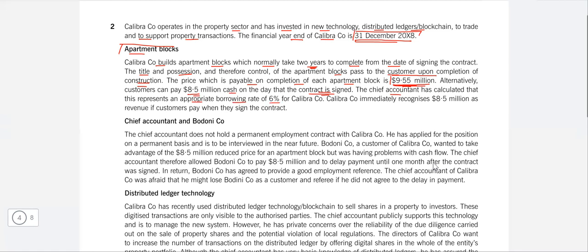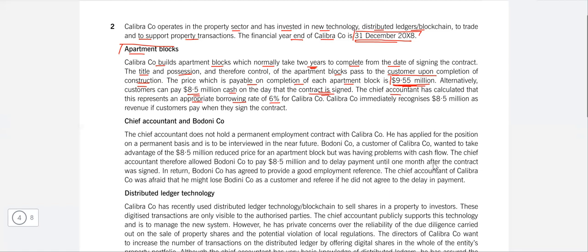Now we know that when we are getting the payment in advance, this represents the financing component described within IFRS 15. And whenever there is a financing component involved, you need to discount it, based on the number of years involved.